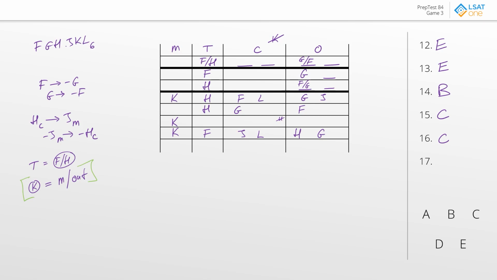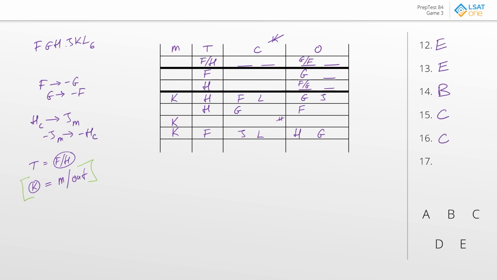Answer choice C. If F is not one of the nominees, then K cannot be a nominee either. So, for one, is it true that if F was not a nominee, then K could not be a nominee? Again, this doesn't seem like it has to be true because, in this scenario, for example, F was out, and then couldn't K still have gone into the mayor position? That still seems like it could have worked.